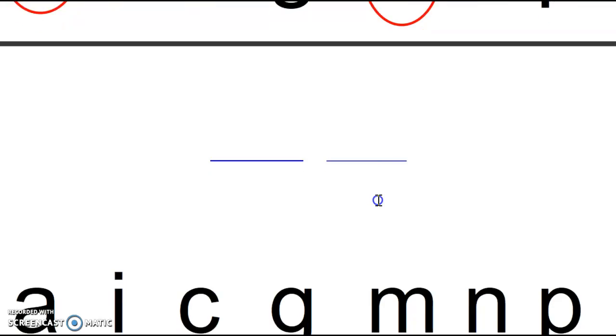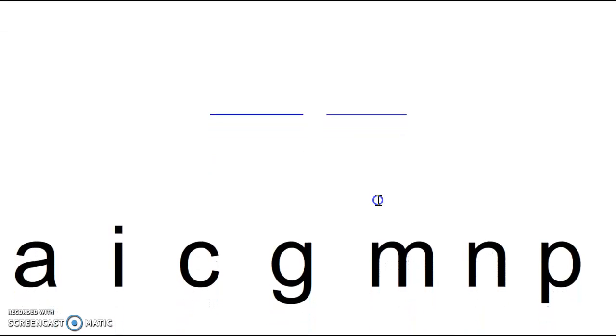Let's move on to our next word. Our next word also has 2 letters in it. The first letter in our 2-letter word is I. Can you find the letter that makes the I sound by pointing to it? If you chose the letter I, you are correct.